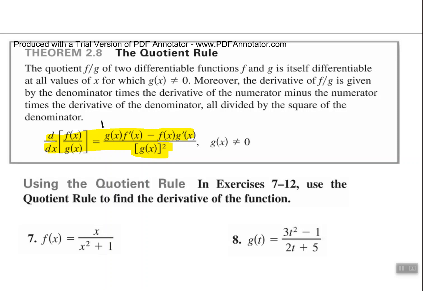So the low function times the derivative of the high function, the derivative of your numerator, minus the high function or your numerator times the derivative of your low function.